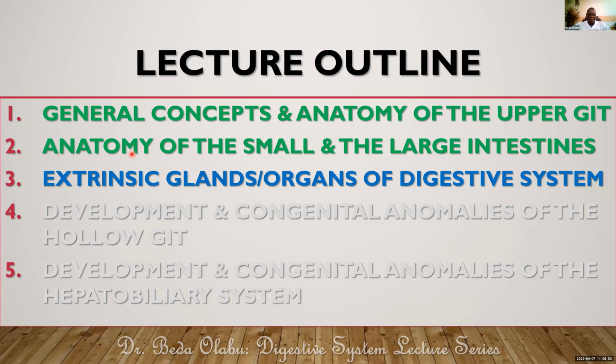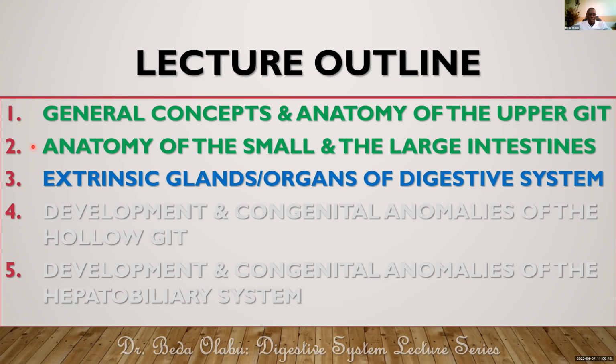Remember where we've come from? The first lecture, we just looked at general concepts of the digestive system and anatomy of the upper GIT, mainly focusing on the oral cavity, pharynx, esophagus, and the stomach. We didn't look at duodenum, although it's part of upper GIT.